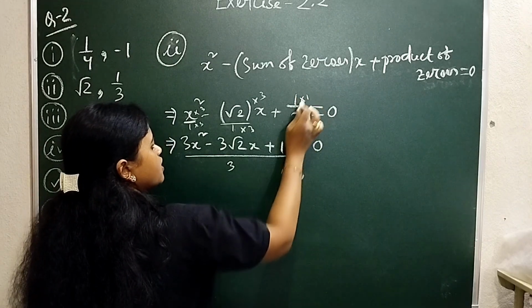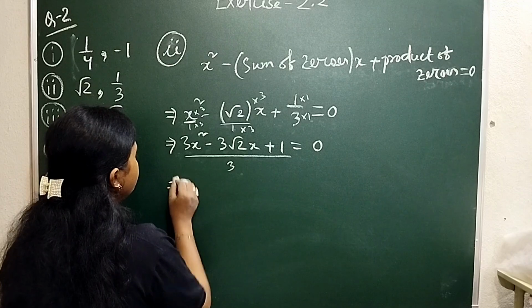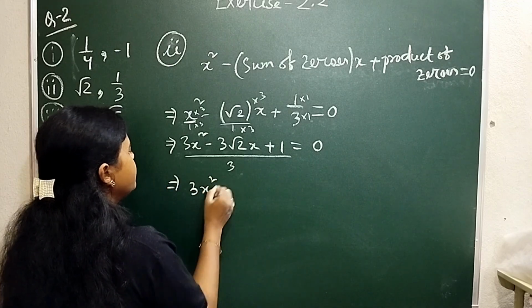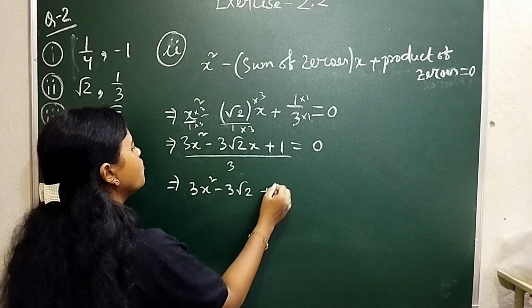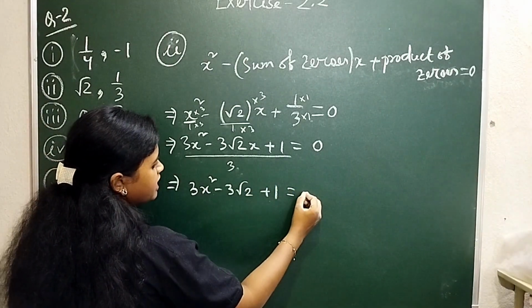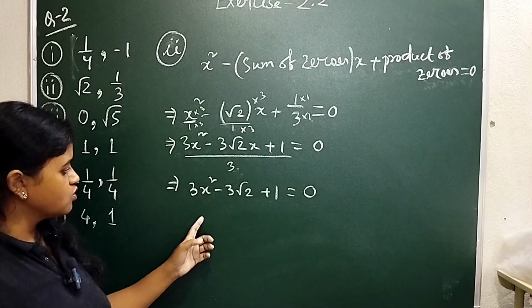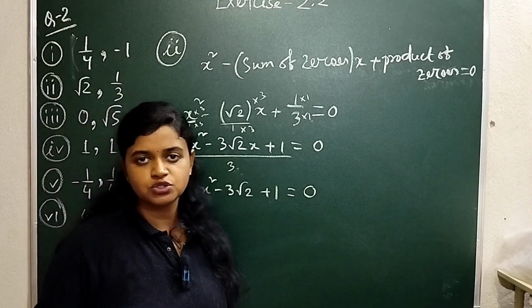Now 1 times 1 is 1, 3 times 1 is 3. So we'll write 3x square minus 3 root 2 x plus 1, and 3 will be multiplied with 0, which gives 0. That's why the result is 3x square minus 3 root 2 x plus 1 equals to 0.